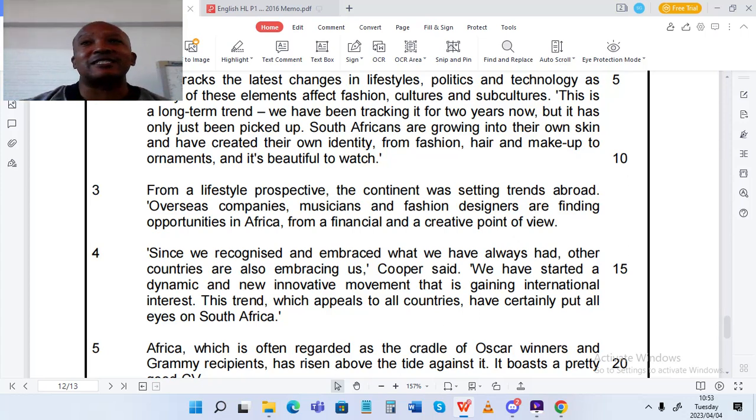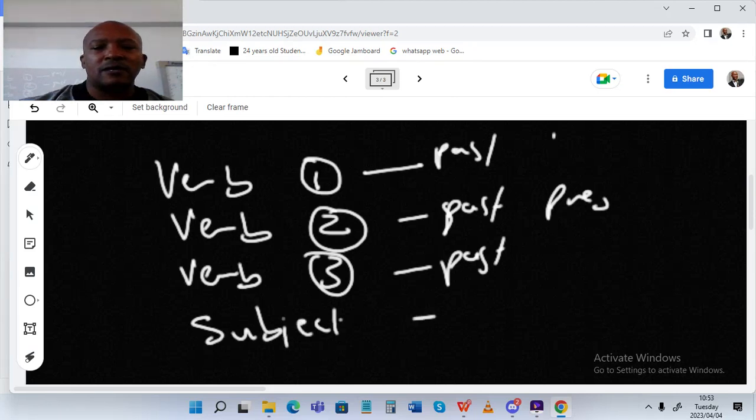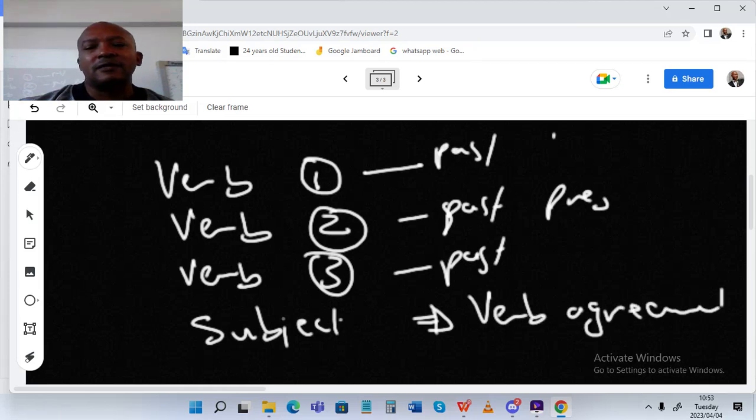I think everybody just wants to change tense. When you say appealed, that means that happened yesterday. This thing is saying it's happening in the present. You keep it in the present. Let's talk about subject-verb agreement. In other words, a singular subject and verb agreement. The two of them must agree.